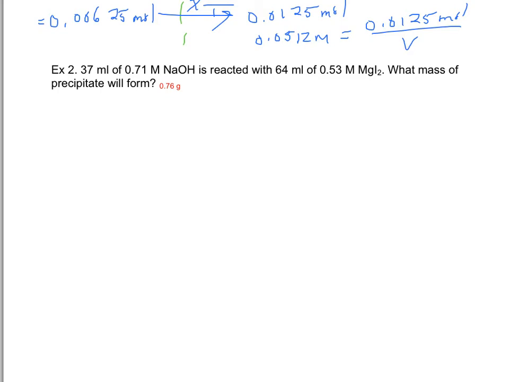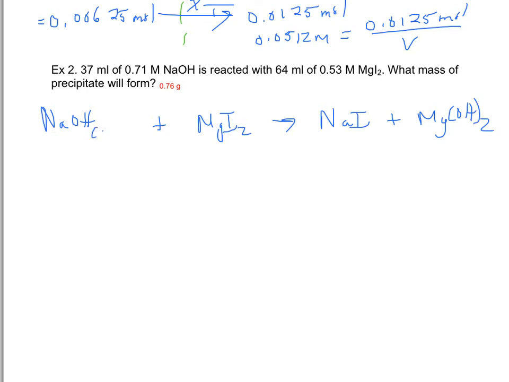Let's start by writing the balanced chemical equation. In this double displacement, my sodium is going to go with the iodine and my magnesium is going to go with the hydroxide. Put my states in. In this case, the magnesium hydroxide is insoluble on my solubility table, so it's going to be my precipitate.